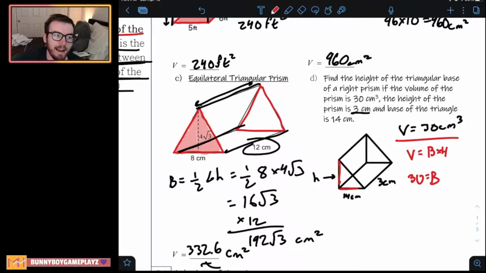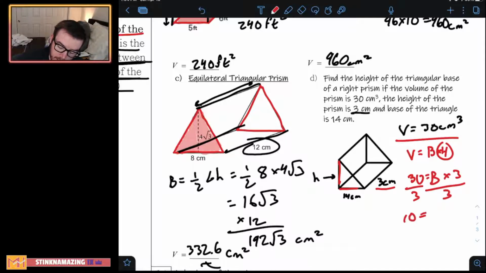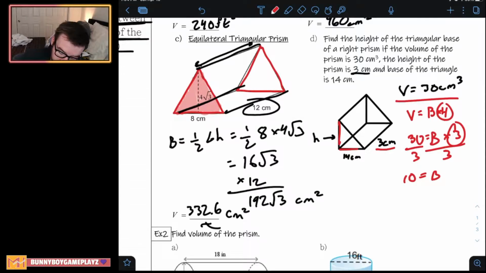But we do know the height of the prism. That's 3. So we can work backwards a little bit. Let's divide away the 3. So the area of the base is 10. If the height of the prism is 3, then we're forced to say that the area of the base is 10, because 10 times 3 gives me the 30. So now we need to work backwards a little bit more.